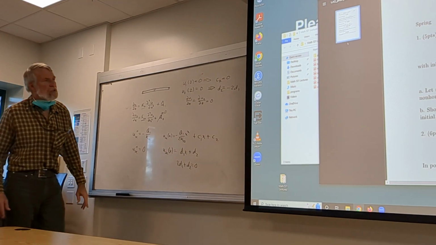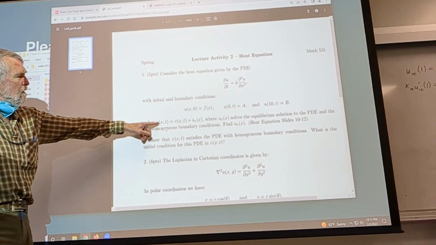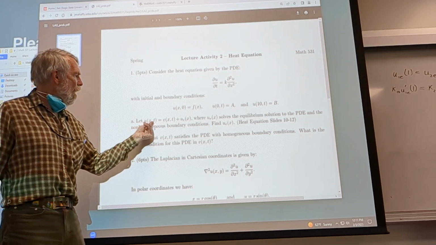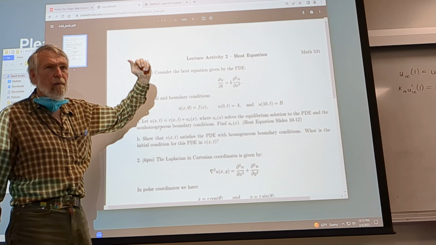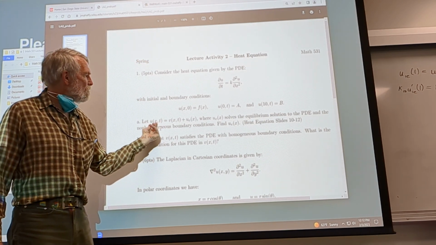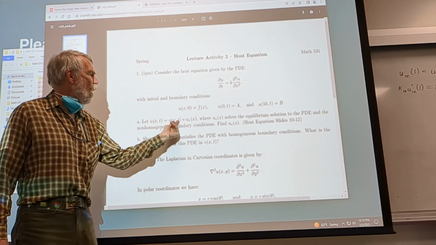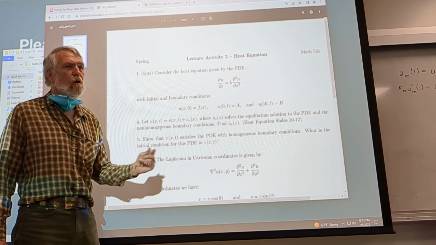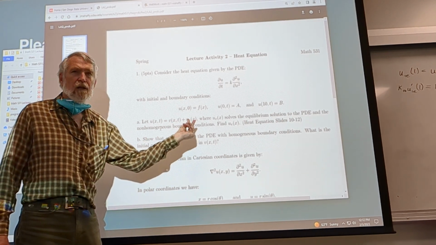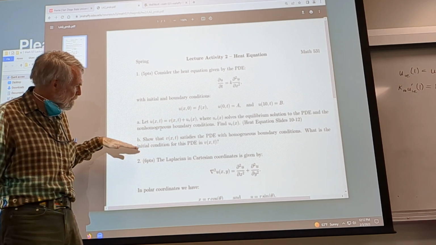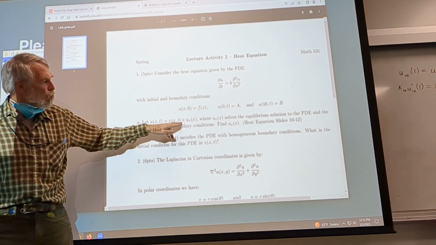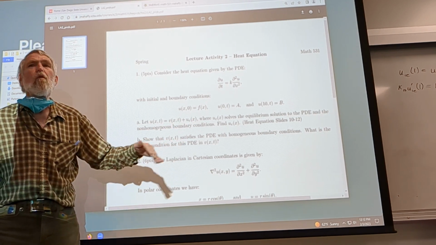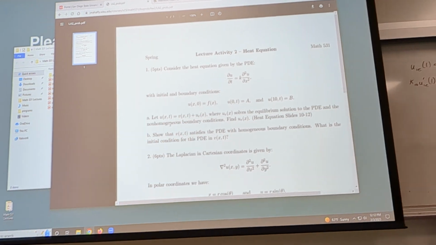coming back to this one right here, our general solution to this non-homogeneous problem, we can break it up into a homogeneous part and an equilibrium solution. We're solving this part, and then the second part is, once you subtract out the equilibrium, we're just dealing with the homogeneous problem.